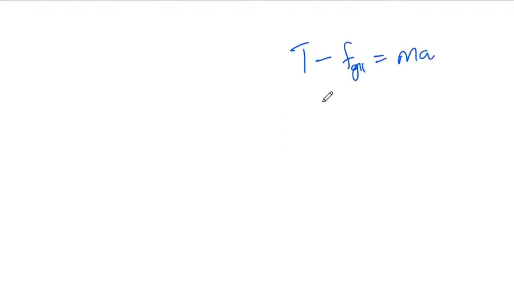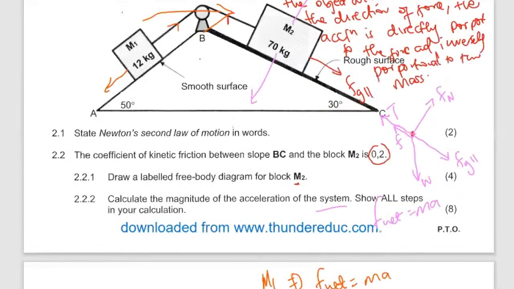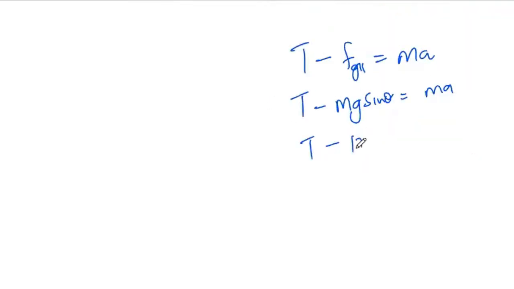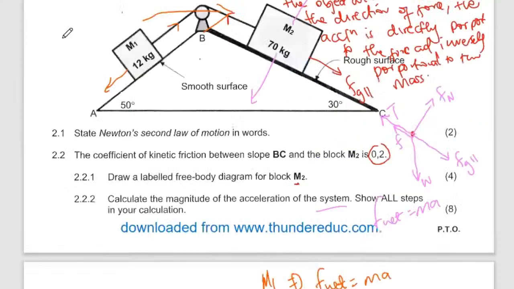We don't know the tension, but we know that the FG parallel is going to be mg sine theta. Let me just substitute. So we know that the mass is 12 kg. So that's 12 times 9.8 times the sine of 50, which is equal to 12. Now, that is my equation number 1.